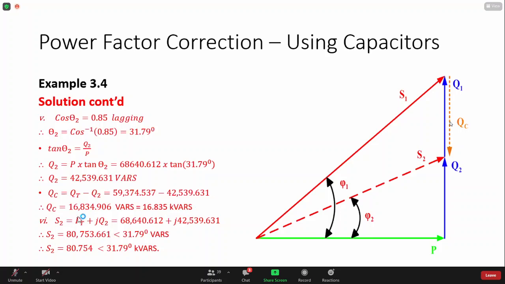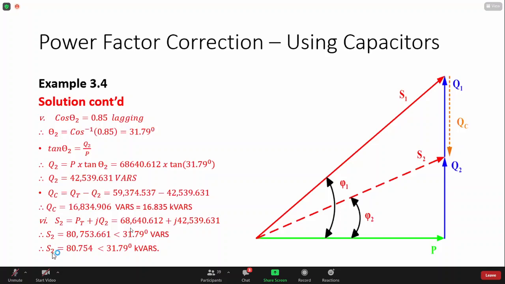Now, they want us to find the new apparent power of the system. So the new apparent power would be PT plus jQ2, and that works out to be 68.64 plus j42.54, which gives me 80.754 kVA at angle 31.79.